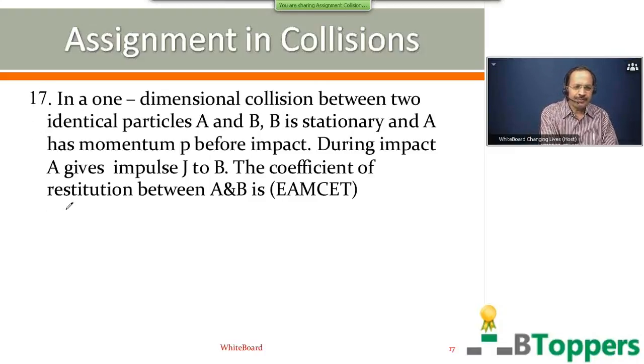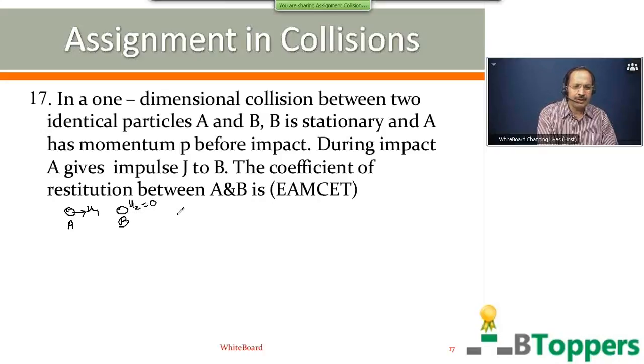Here A is the first body. Suppose it has initial velocity u1 before collision, and B is the second body, which is initially at rest before the collision. During the collision, A gives impulse J to B.